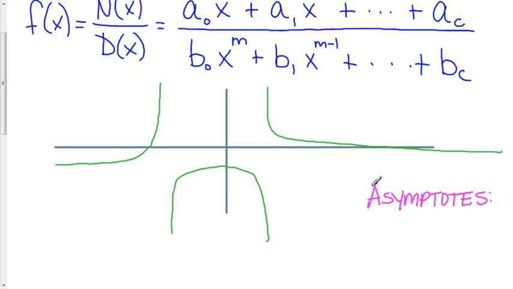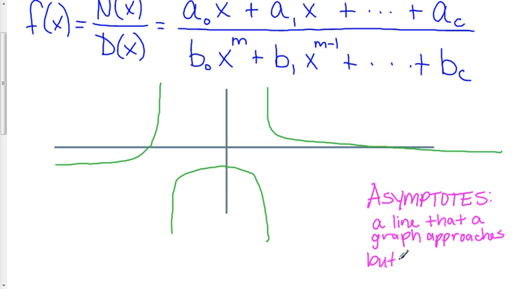An asymptote is a line that a graph approaches but never intersects, as it approaches infinity and negative infinity.